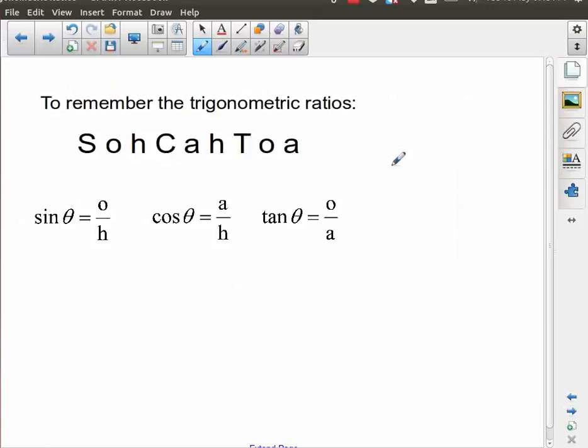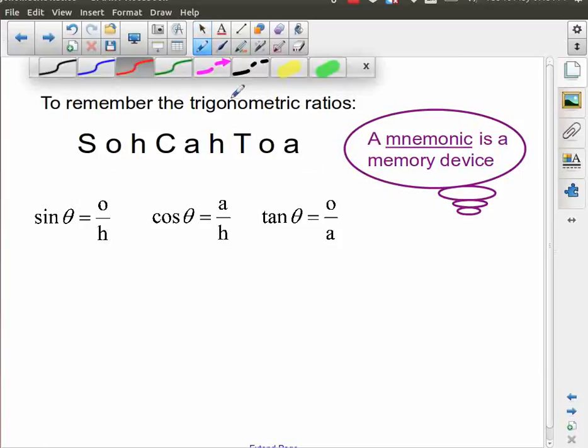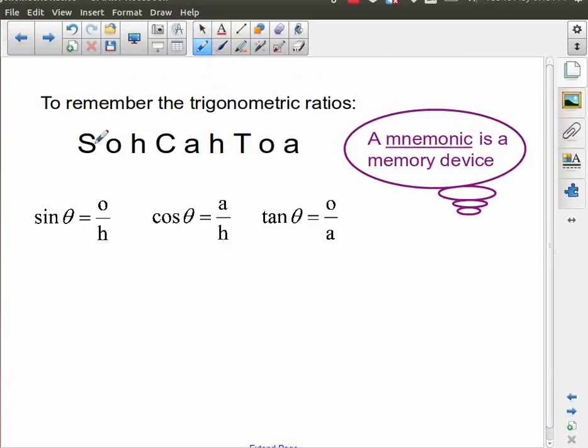To help you remember that, we have this thing called SOH CAH TOA. SOH CAH TOA is known as a mnemonic. A mnemonic is just something you use to remember other things. And the way SOH CAH TOA works is we have the S is sine, and this is sine equals opposite over hypotenuse.